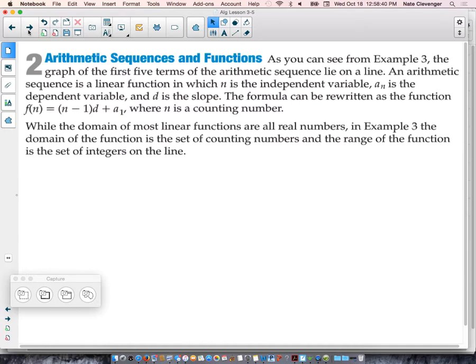It's the number we put in, and then it kicks out some value. And they're saying d is the slope. What value did we use for slope on direct variation? I'm typically going to use m whenever we see that, but anyway, if you reordered, you can show your formula as f of n equals that.